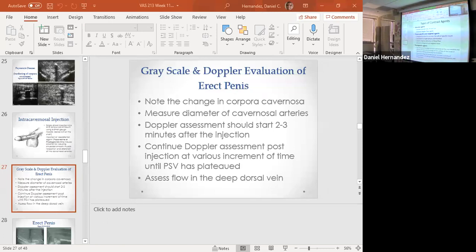Contrast agents can also be used as therapeutic agents. This is a newer use of contrast agents. In this case, ultrasound energy causes cavitation or vibration of those microbubbles.